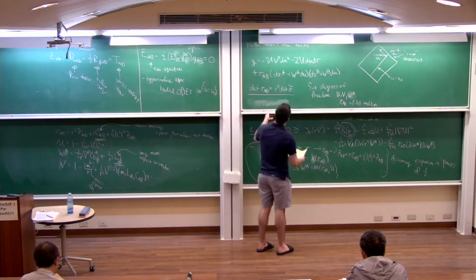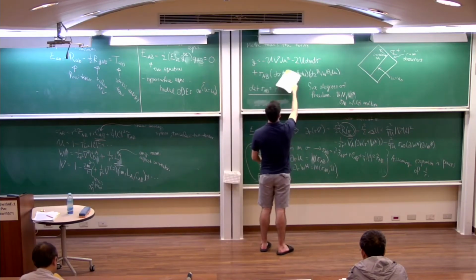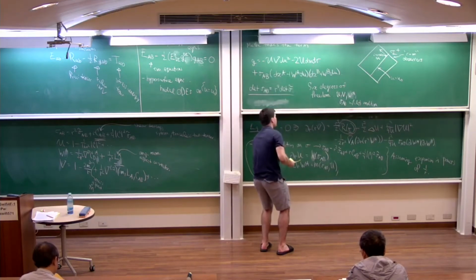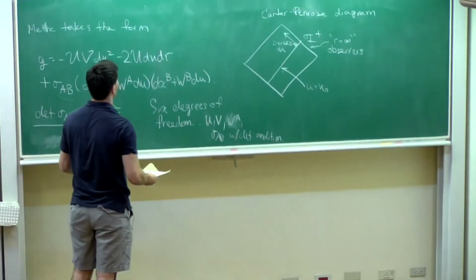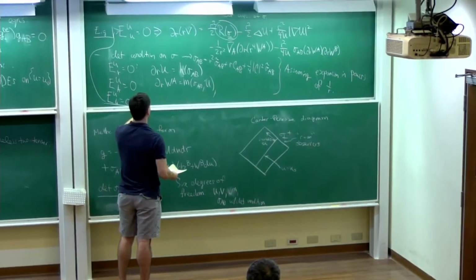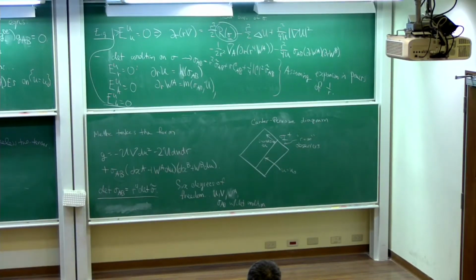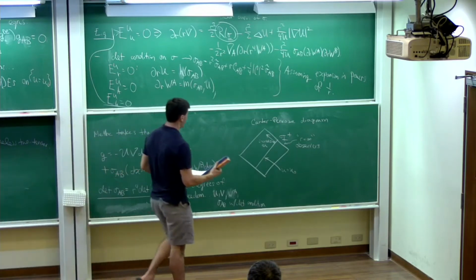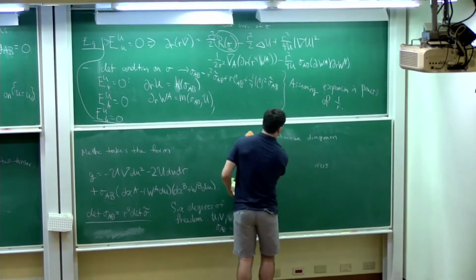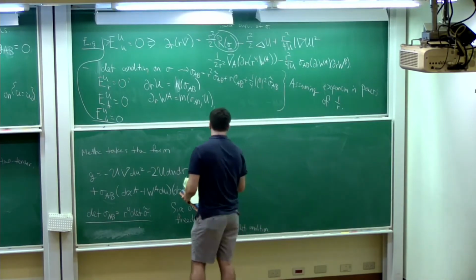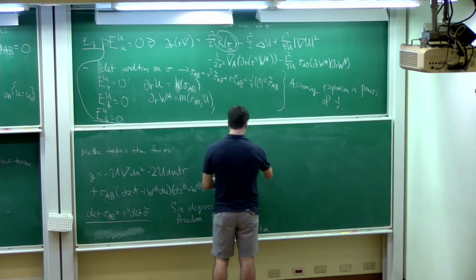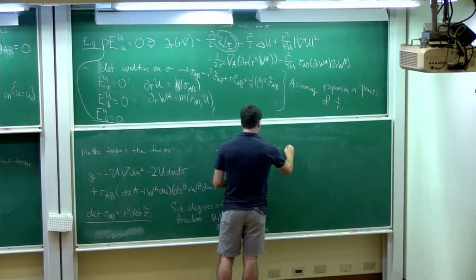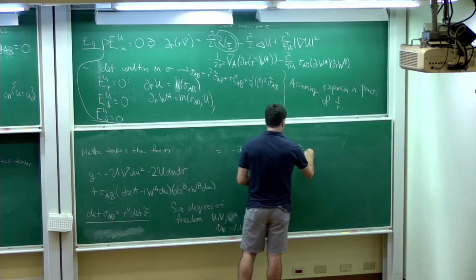So if we actually write these in, these expansions for U, for V, for sigma, and for W, in terms of these quantities that we've introduced, we have an expansion for the metric in powers of 1 over r, governed by these three pieces of data.